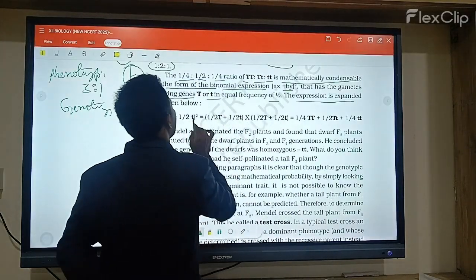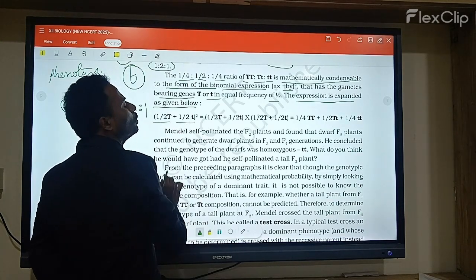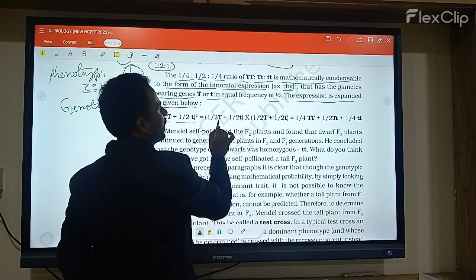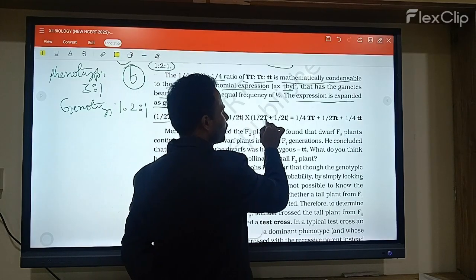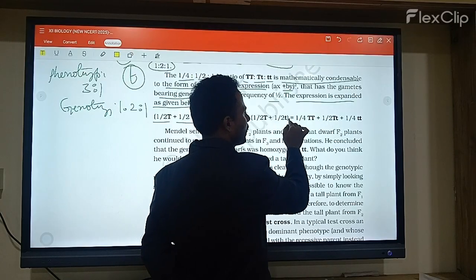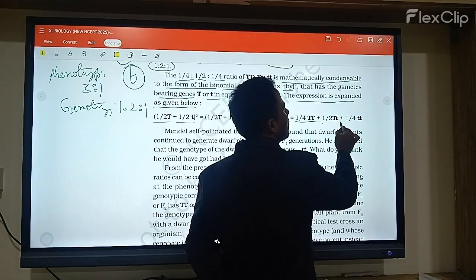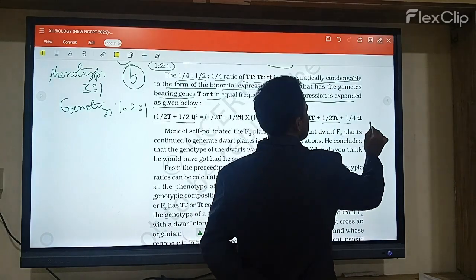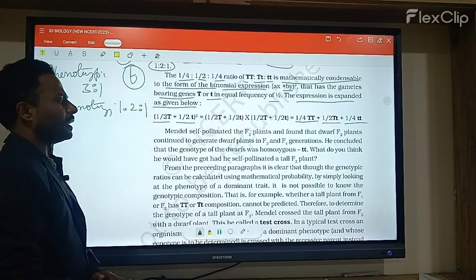The expression is given below: (1/2 capital T + 1/2 small t) squared equals (1/2 capital T + 1/2 small t) times (1/2 capital T + 1/2 small t), which equals 1/4 capital T capital T plus 1/2 capital T small t plus 1/4 small t small t. It is completely a mathematical formula.